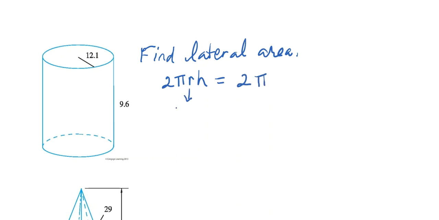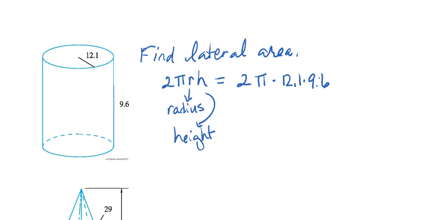R is the radius. H is the height. So 2 times pi times 12.1 times 9.6.